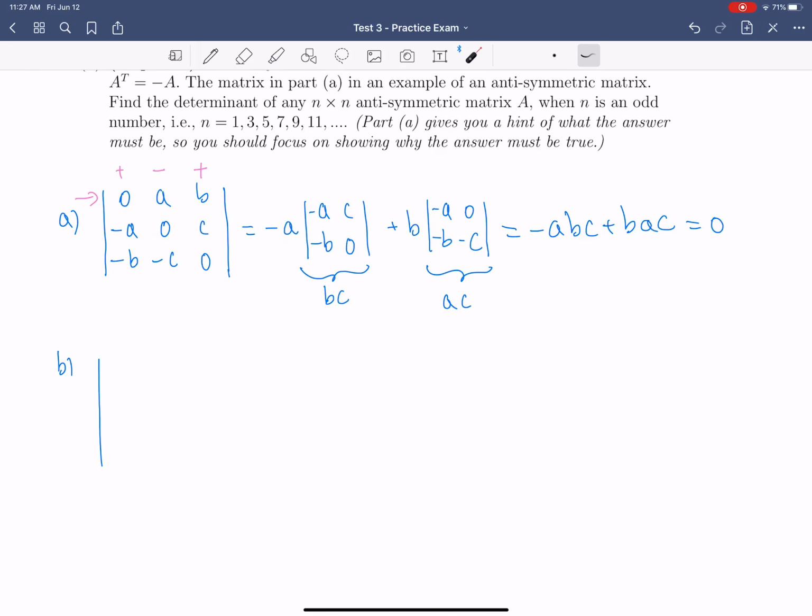We will get A, and then B minus C. And then if we subtract, or maybe add, here we would get A minus B, A minus C, B minus C.